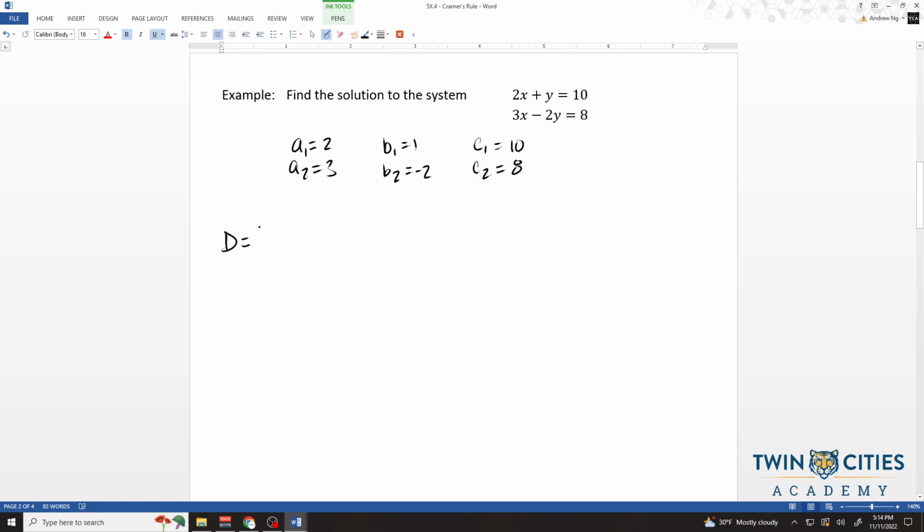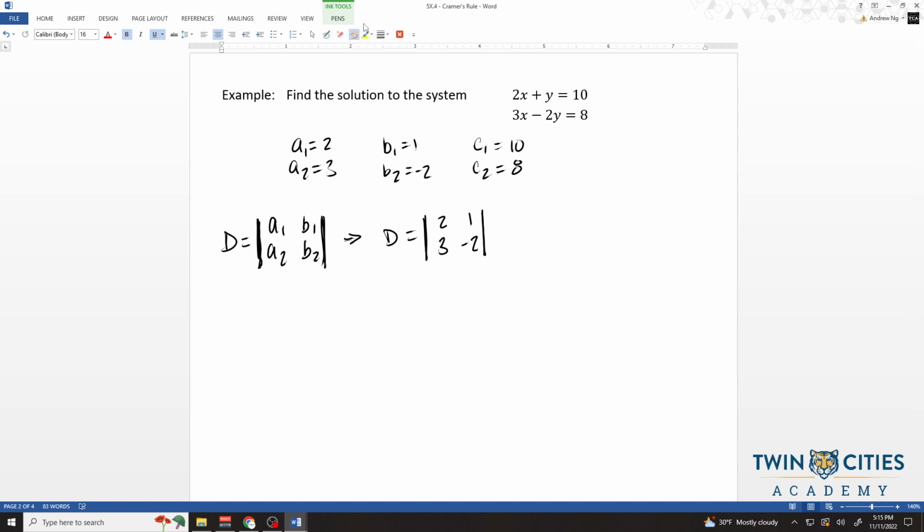D is going to be the determinant of your A's and your B's. So that's going to be A1, A2 for this column, B1, B2 for this column. Now for our problem, that means that D is going to be the determinant of 2, 3 in the left column, 1, negative 2 in the right column.